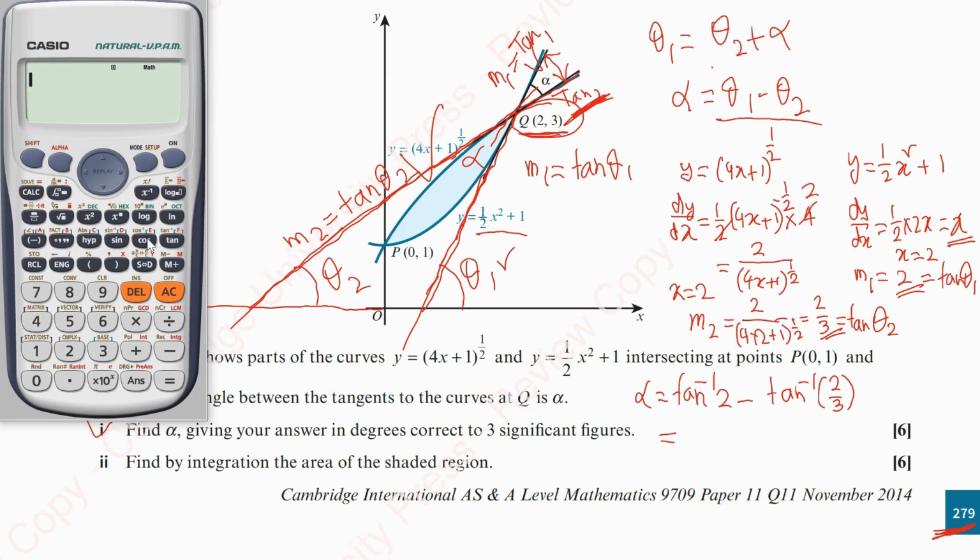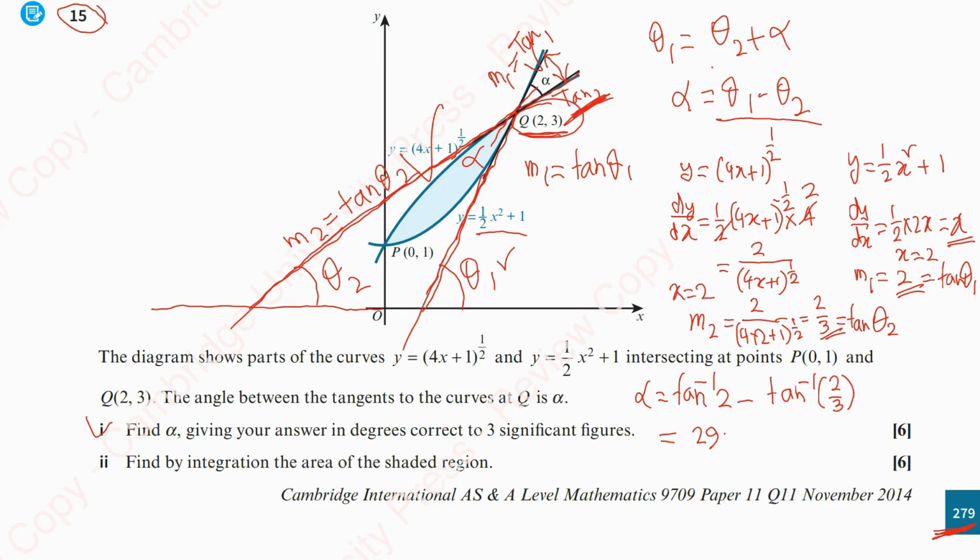So tan inverse, shift tan, 2, close the bracket, minus shift tan 2 by 3, close the bracket, and we got the angle, which is 29.7 degrees. So let me write 29.7 degrees. It is written here to three significant figures, so this is our three significant figure angle, and that is our answer.